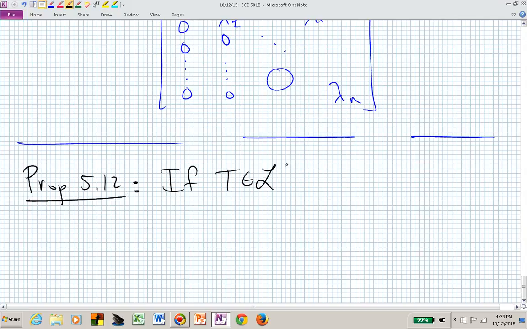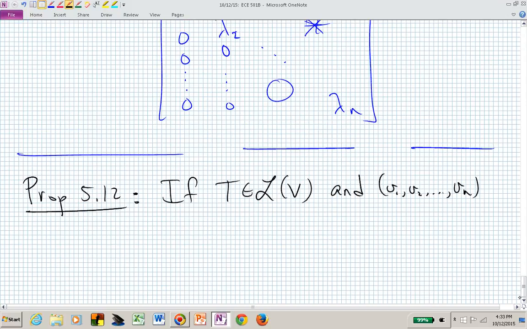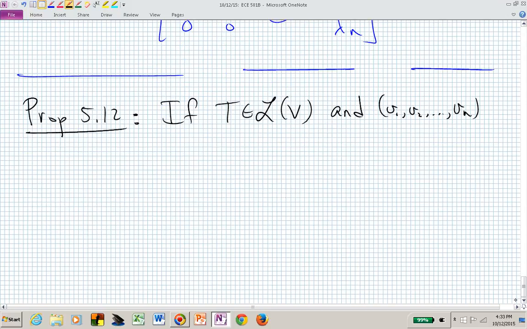Suppose we have a linear operator T on V, and now let's assume that we have identified n vectors for that, and let's say that those are actually our basis vectors. If T is a linear operator on V and V1 through V sub n is a basis on V, we can actually conclude that the following statements are equivalent.